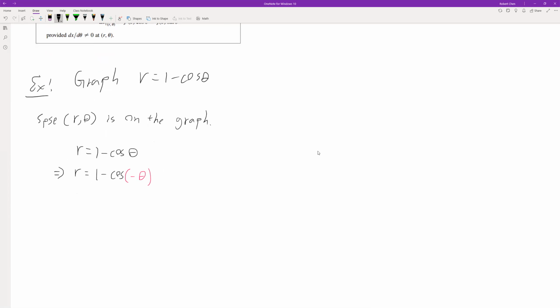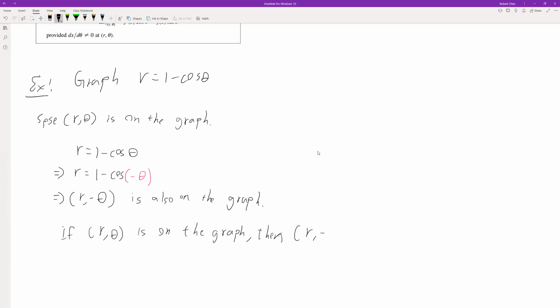What this equation tells us is that (r, negative theta) is also on the graph. So if (r, theta) is on the graph, then (r, negative theta) is also on the graph.